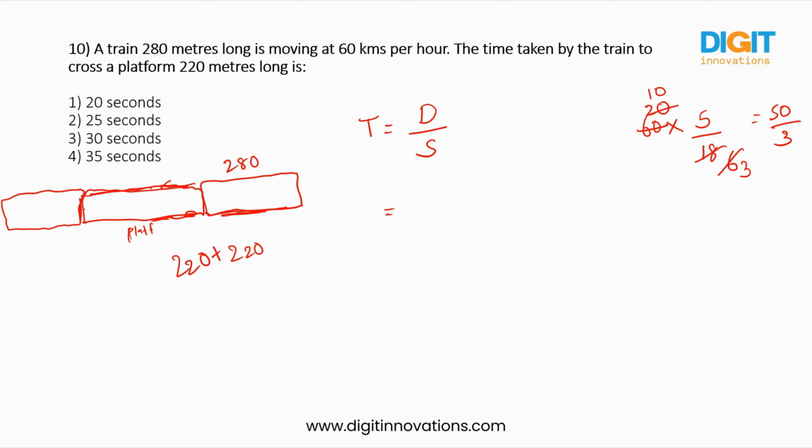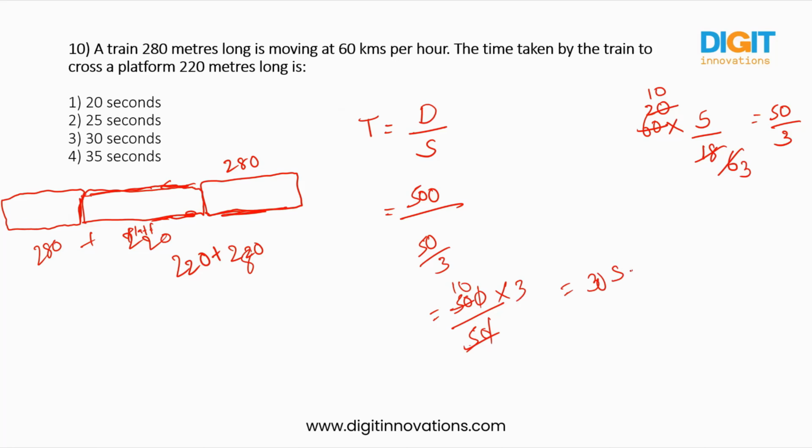So how much length should it cover? 280 plus this 220. How much is 280 plus 220? It is 500. So 500 by speed, which is 50 by 3, so 500 by 50 into 3. So 0 will get cancelled, and it would be 30 seconds.